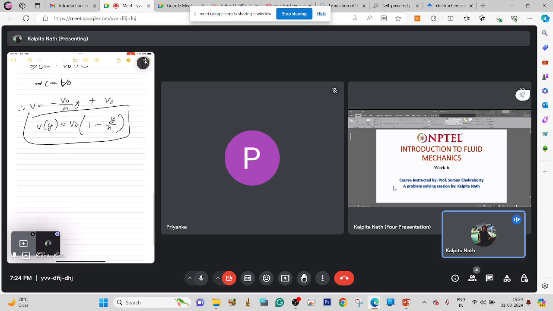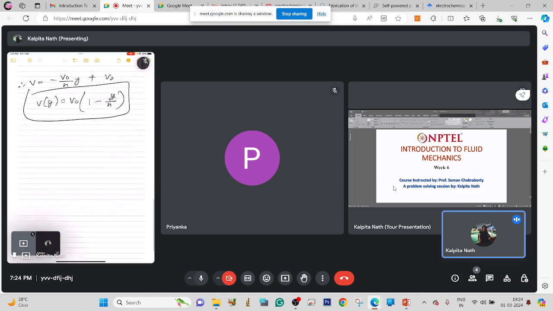Now we need to find the acceleration also. So how will we do that? Simple. Acceleration has one temporal part, that is del u del t, along the x direction, and another is the convective part, that is u del u del x plus v del u del y.